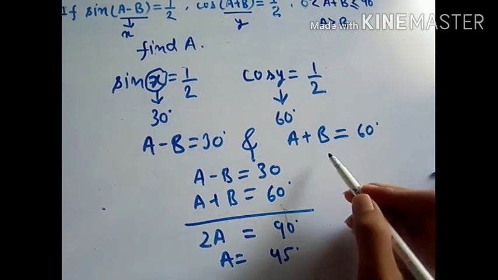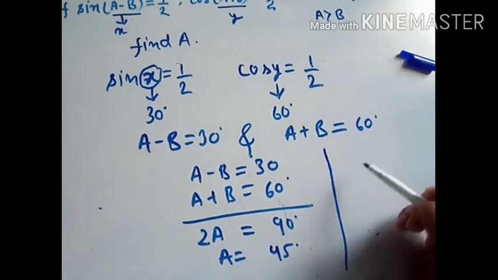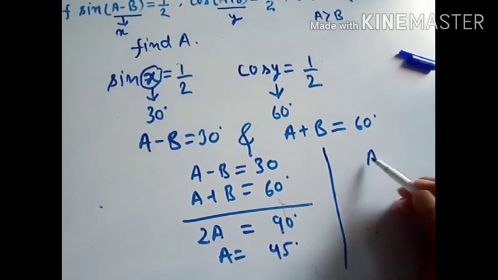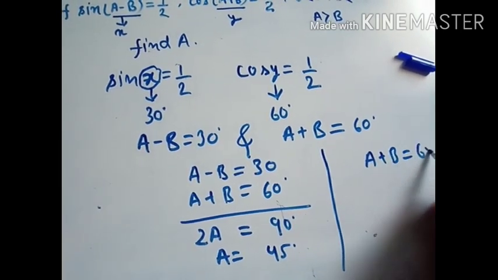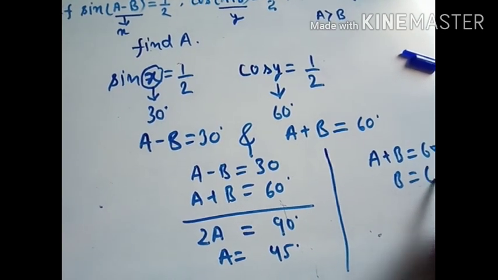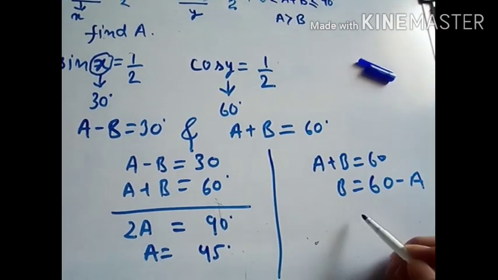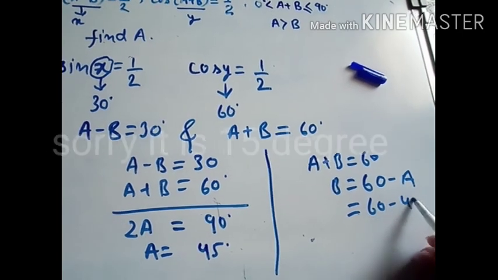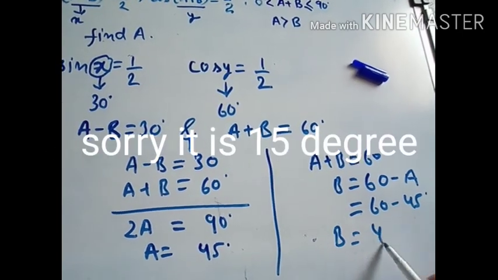Now what about b? So for the value of b, we will solve it like this. A plus b is equal to 60 degree. So b is equal to 60 degree minus a, and this equals 60 minus 45. So b is equal to 15 degree.